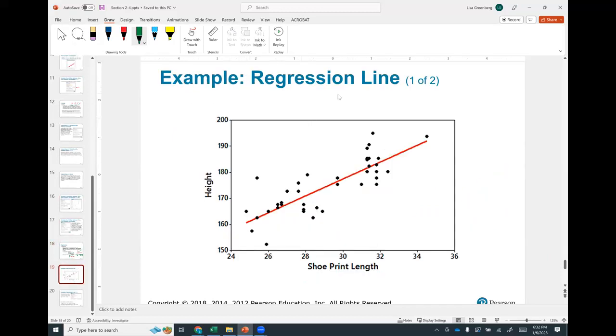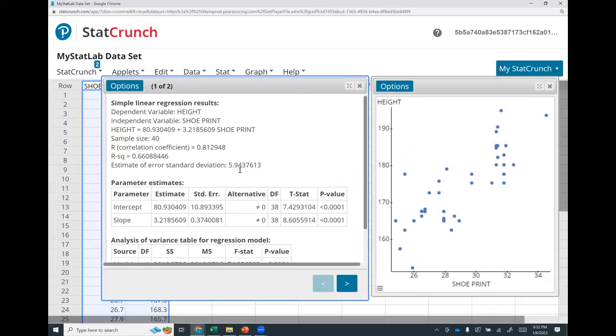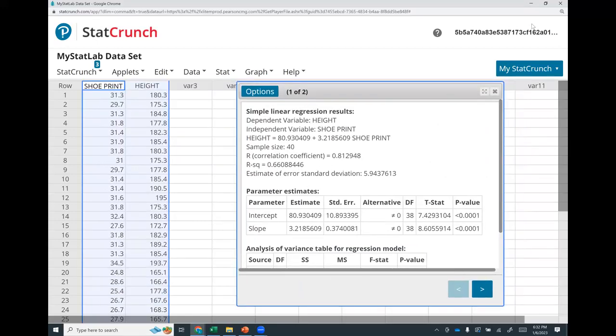So we have this regression line, okay? And we can create this. Let's go back to our StatCrunch. And I think this is the one with 40 points. So I think that's the one we're using right now. Actually, let's close this. And we'll put this here.